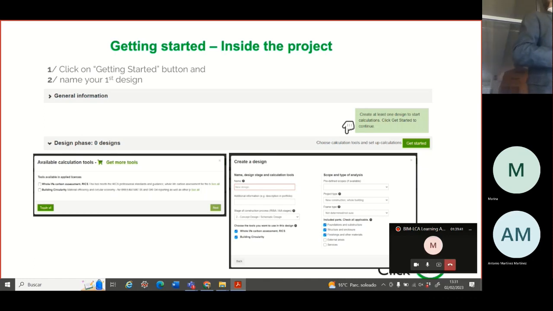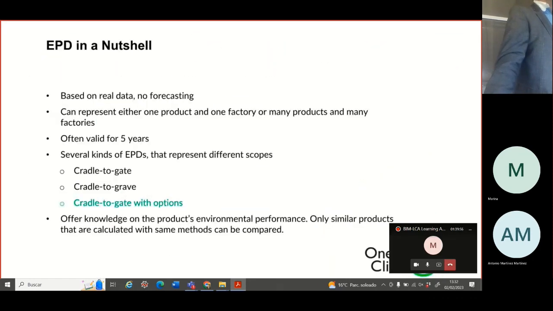Question. I have a small doubt. From your slides, I could see that there are three types of LCA. One was cradle to gate, the second one was cradle to grave, and the last one was cradle to gate with options.